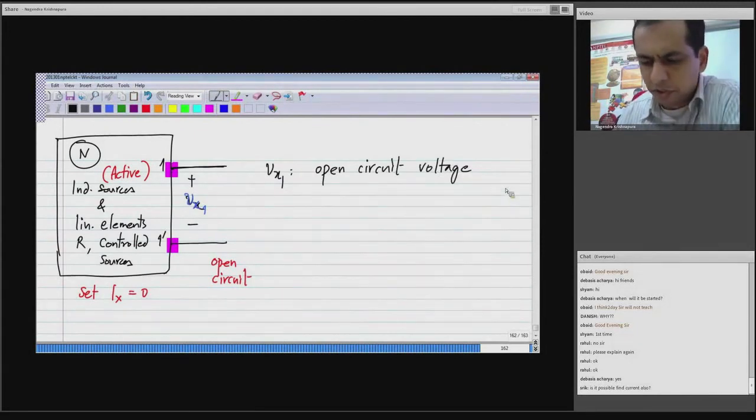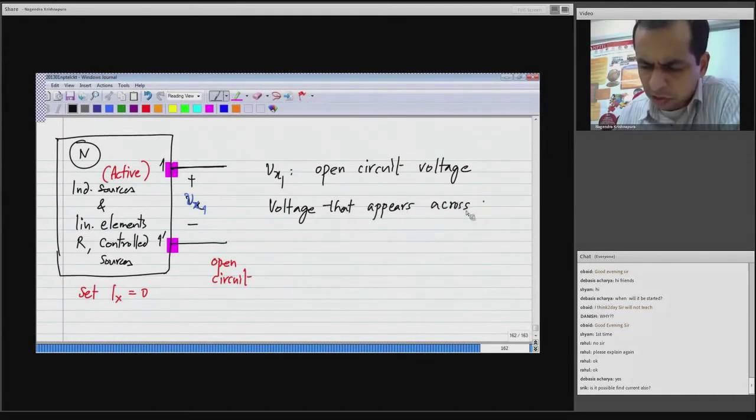It's the open circuit voltage, or the voltage that appears across 1, 1 prime when it is externally open circuited.